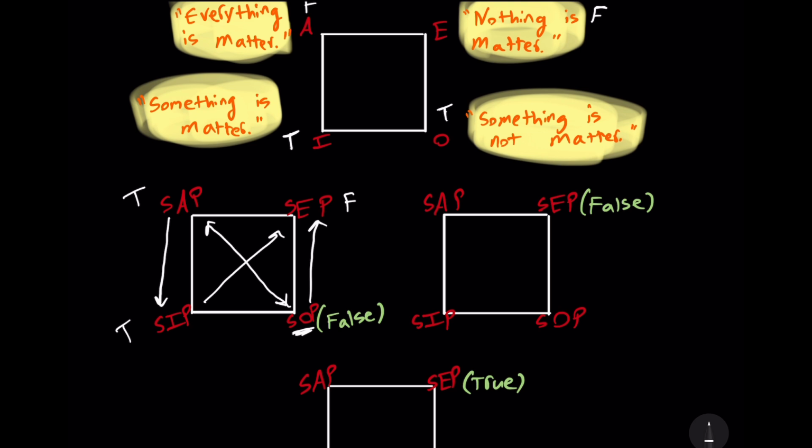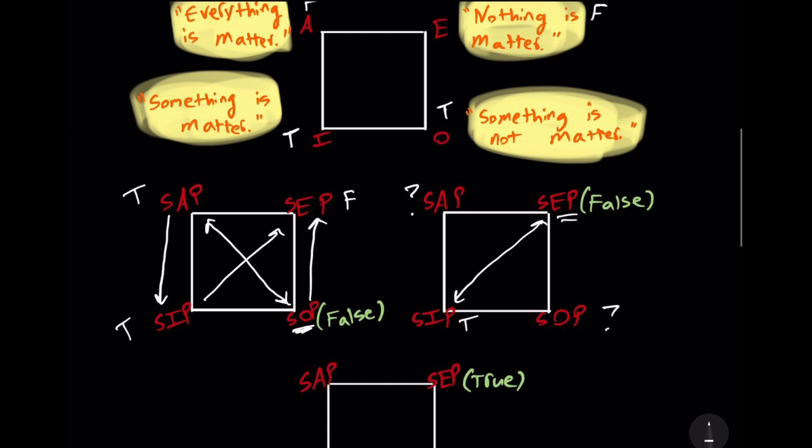Or consider SEP is false. Well, again, we can think about contradictory relationships. So if that's false, SIP is true. Some S is P. But that's really all we can say. This is indeterminate. SAP might be false, or it may be true. That's consistent with just knowing that SEP is false.